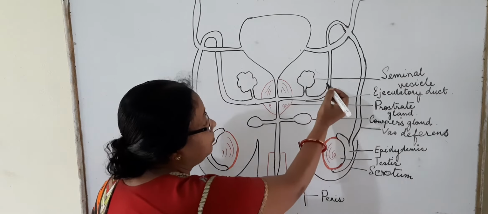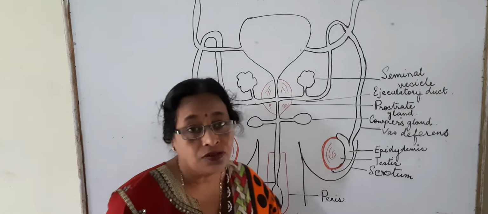Now we see the seminal vesicle, a sac-like structure, one on either side. The seminal vesicle is an accessory gland which secretes the seminal fluid. It joins with the vas deferens and forms a common duct known as the ejaculatory duct. The secretion of the seminal vesicle comprises nearly 70% of the seminal fluid.